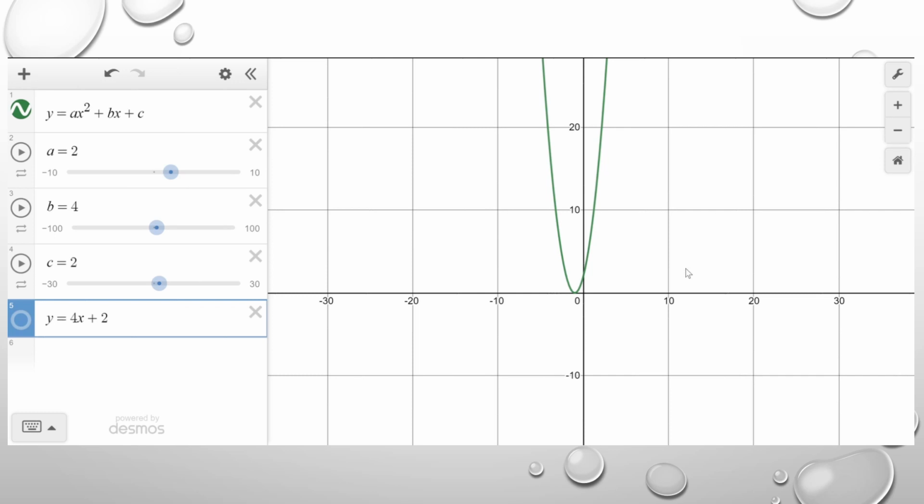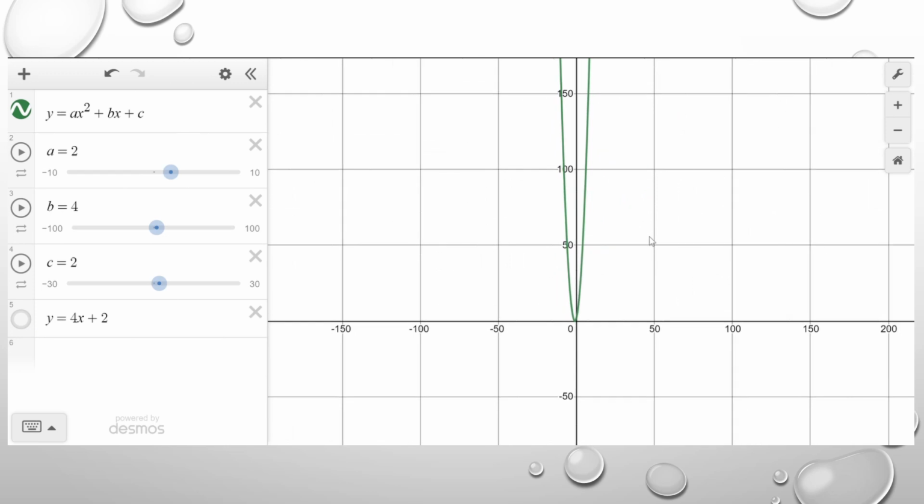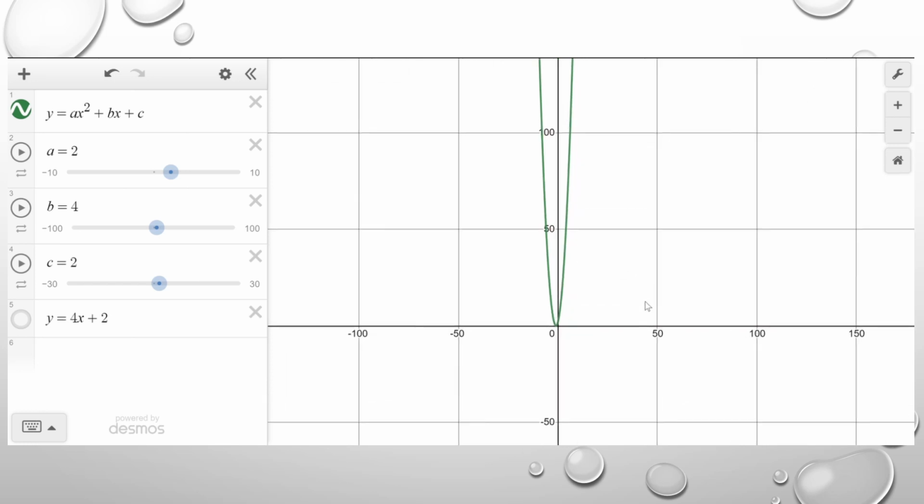The third thing is that this curve forms a U shape with only one turning point. So no matter how far out you zoom, the curve only changes its direction once over here. It doesn't U-turn up here to come back down again. No, it only turns one time.